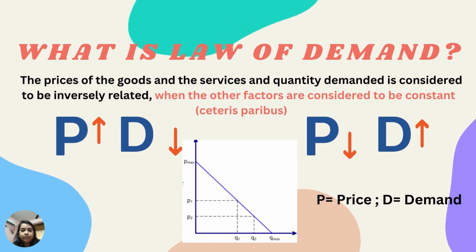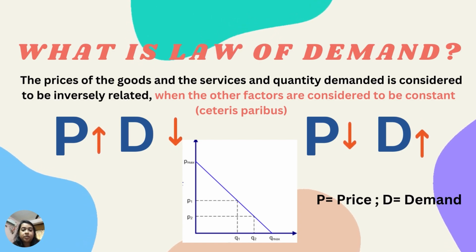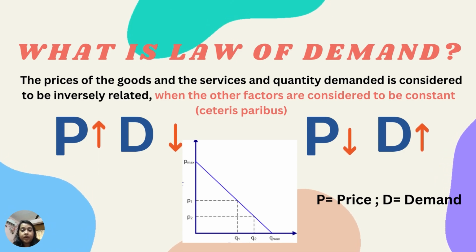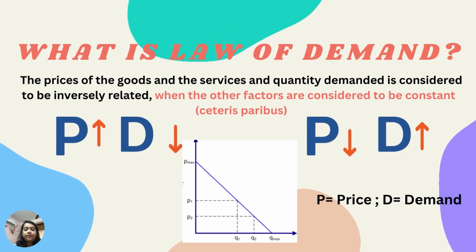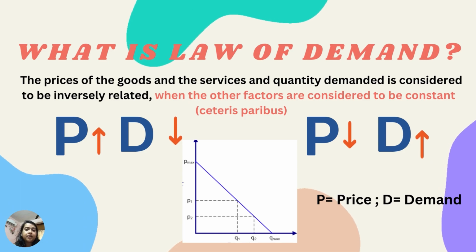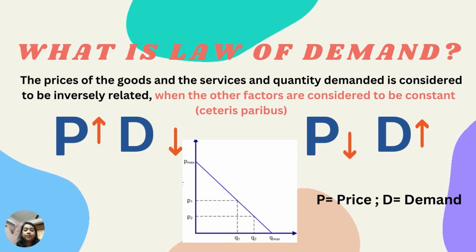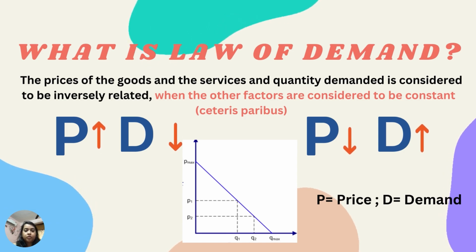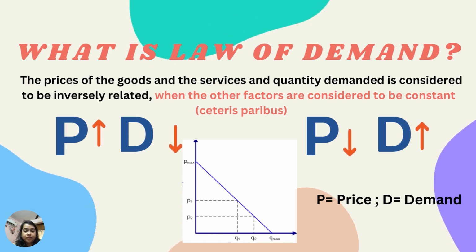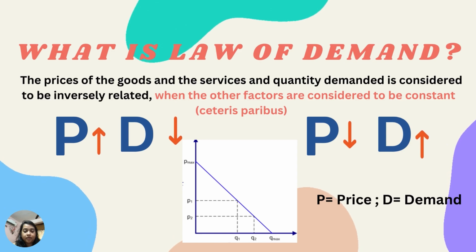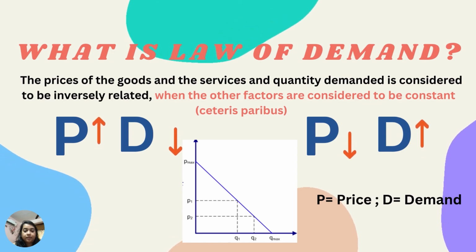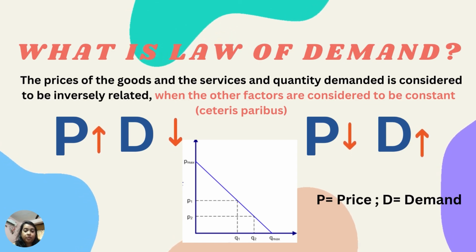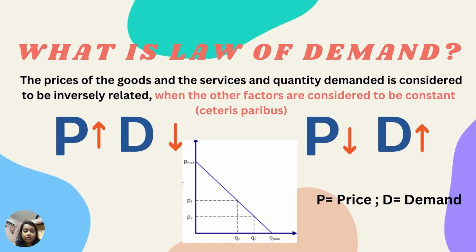So it is very important that when you get such a definition, that is the law of demand, you state that other factors are constant. Until and unless you state that these other factors are constant, this whole definition doesn't hold true. That is why I have just highlighted in red color that you have to ensure that you write other factors remain constant.